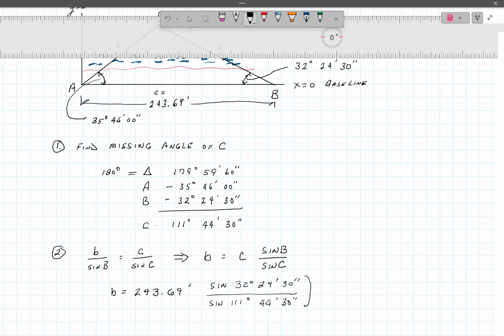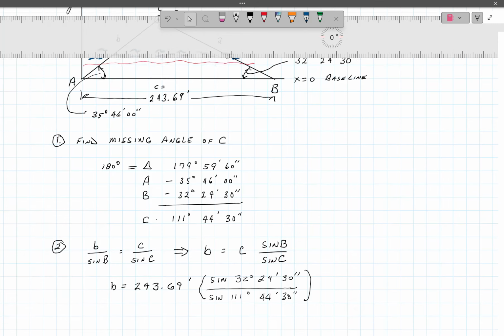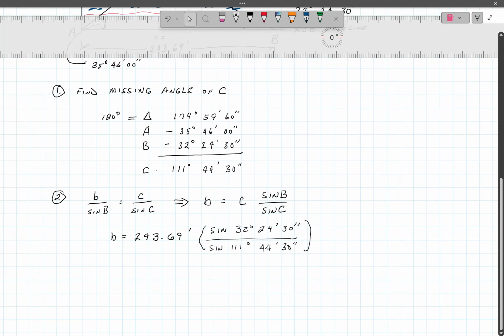Okay, I'll put that all in parentheses because that all has to go together. Multiply times the distance, and when I get done, B is going to be equal to 140.93 feet. Okay, so that'll take care of what B is.